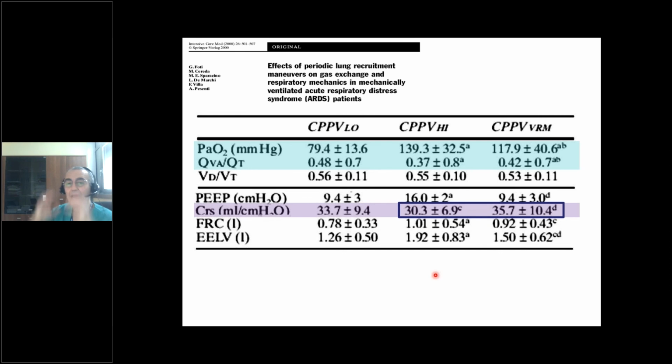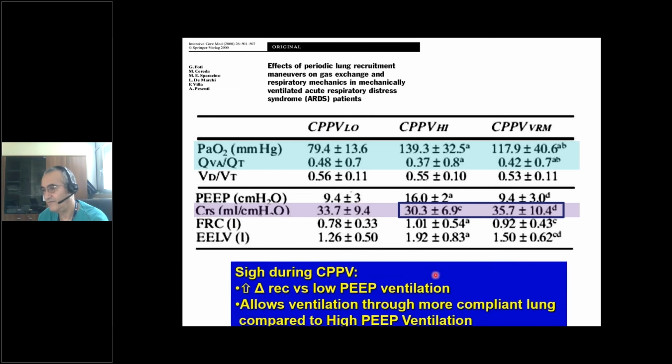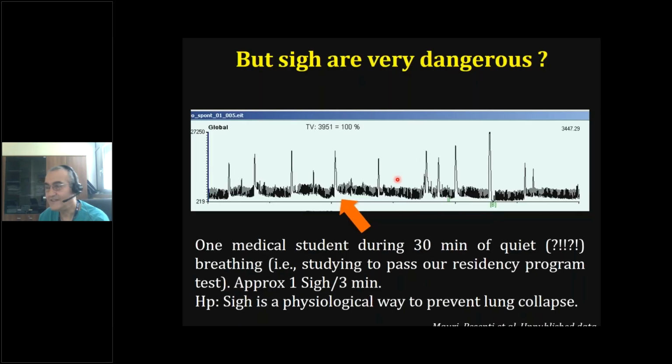So going up with the lung volume once in a while keeps the recruitment without staying all the time at a high PEEP value, and so avoids the stretching of a high PEEP value. Sighs are normal. We all sigh once in a while. This is a normal subject, as you can see. Once every 3 minutes, every 4 minutes, it takes a deep breath.